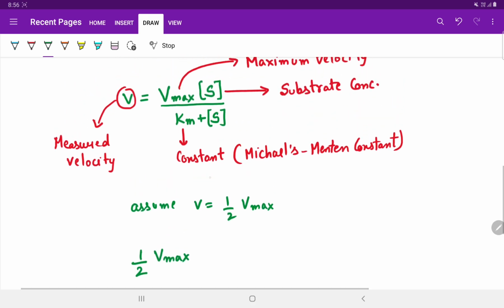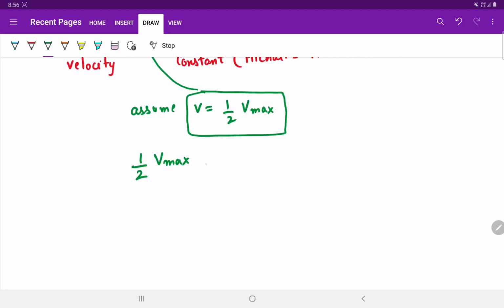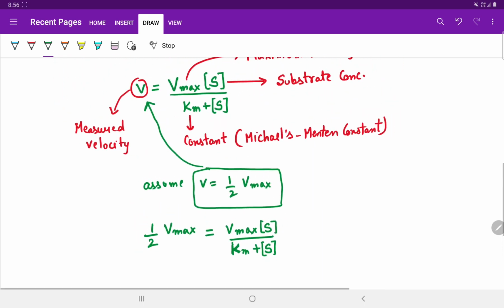So actually students, this expression is used to substitute the value of V in the equation. So you can clearly see how the substitution has occurred.